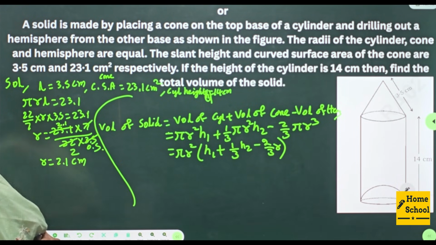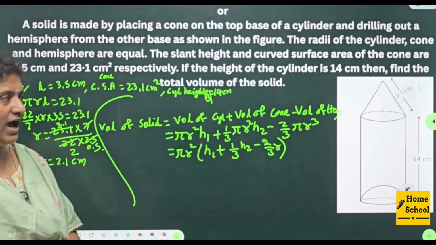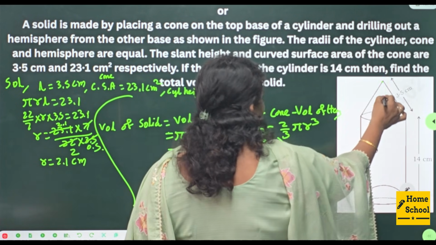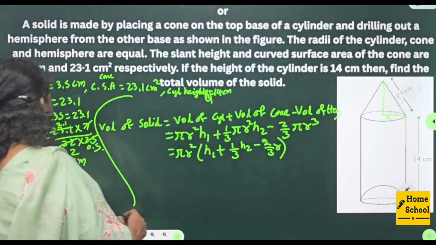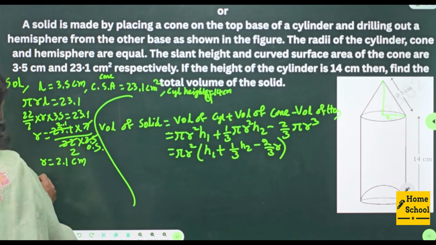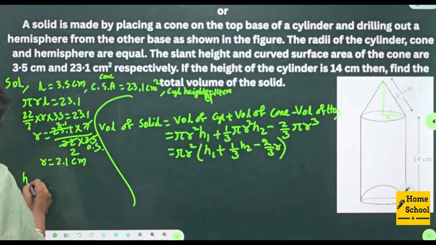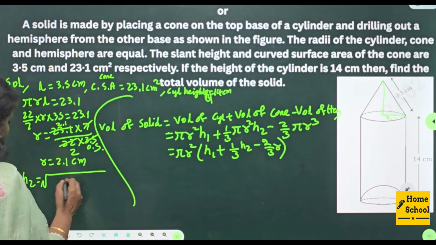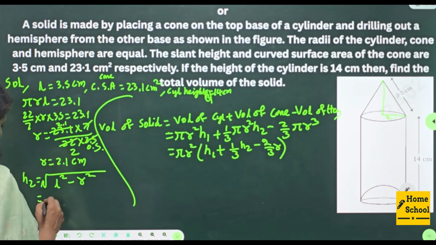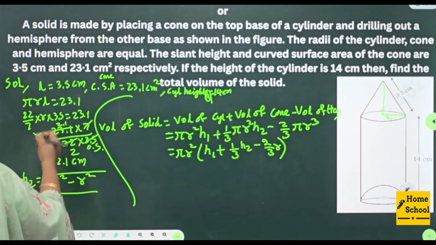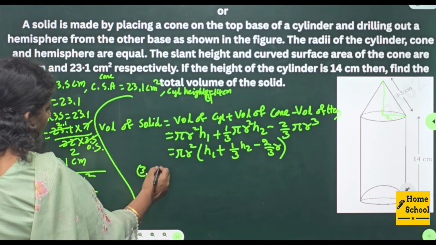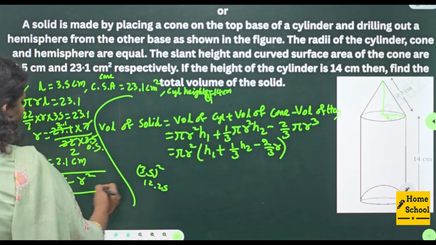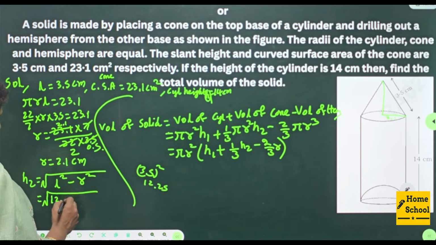Then what is the height? How do we get the height of the cone? I got the radius as 2.1, so to get the cone height h2, h2 is equal to square root of L square minus R square. The slant height L is 3.5, and 3.5 whole square is 12.25.